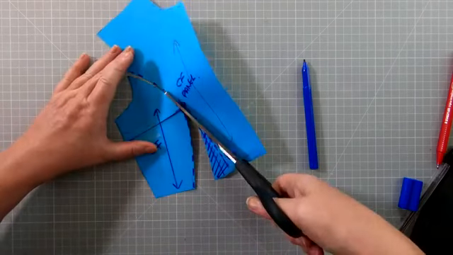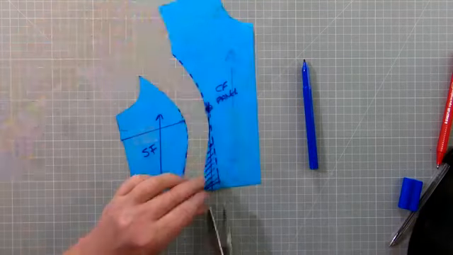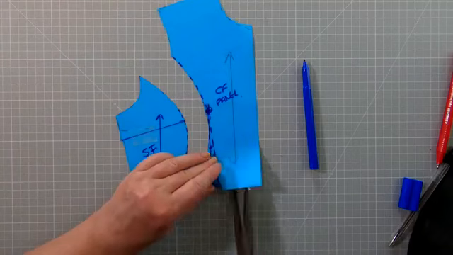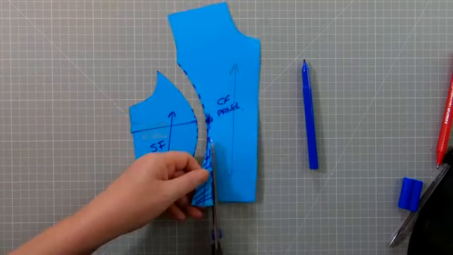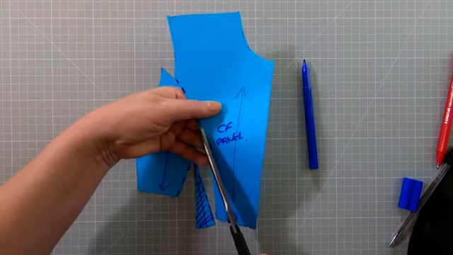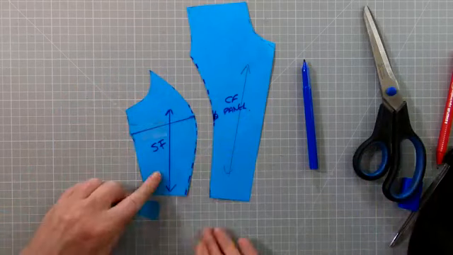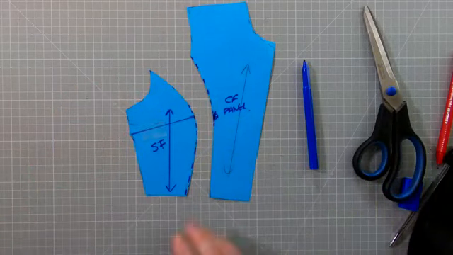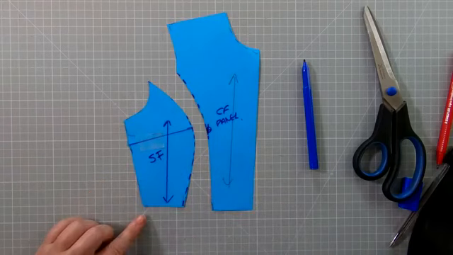So you do get this sort of little spike, like so. And then on the center front panel, again, I'm following the original dart line and then just smoothing a nice line in here. So now we have got the two pieces of our princess seam.